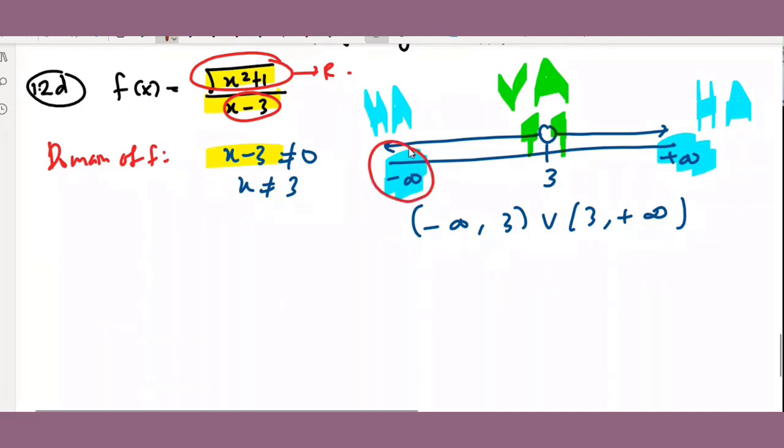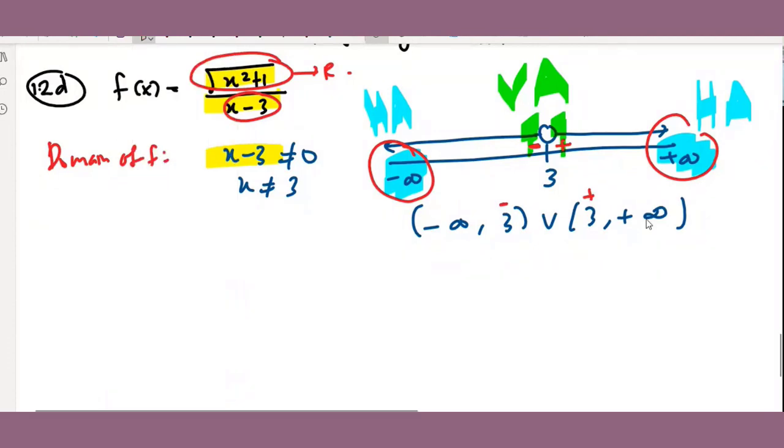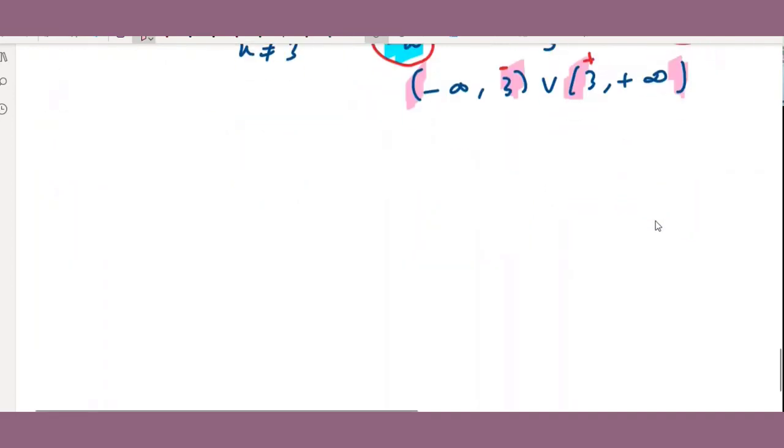If you are given only the interval, you have to check four times according to the bracket, or change to a number line and check. So check four times to find whether the function has a vertical or horizontal asymptote.